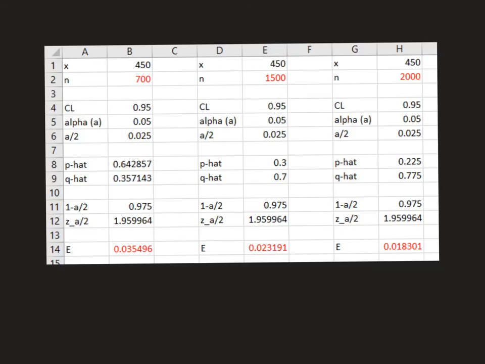Here you can see a screenshot of Excel, and I have done the same problem over and over with just changing my n. So take a look at each of these n values. You can see those here in row 2. And what happens to the corresponding E value in row 14?